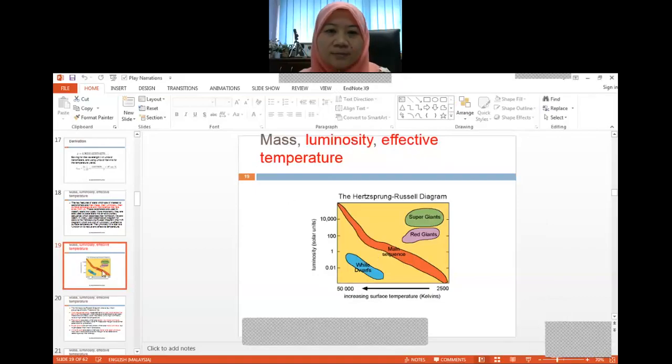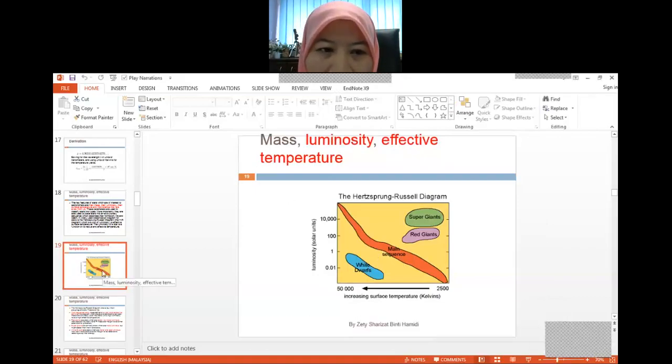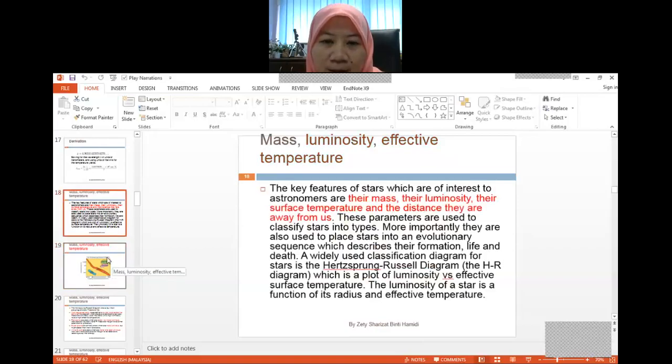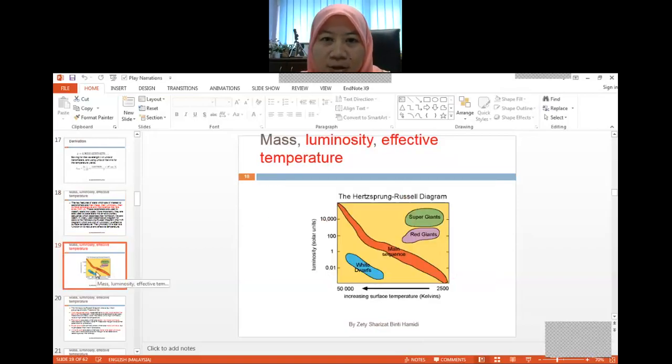Okay, so today we will learn the continuation of the HR diagram. Basically, if you look through what you have learned so far, this is the HR diagram, which is very important in terms of stellar evolution. We have several categories here, such as the main sequence, the red giant, supergiant, and also the white dwarf.